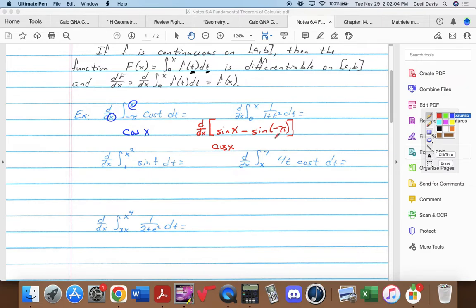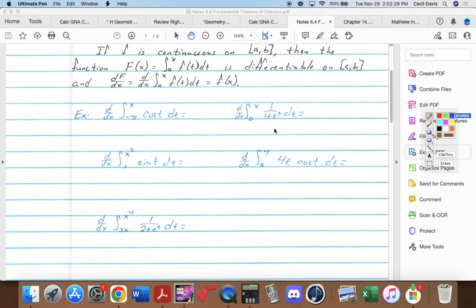It's not a function. When I take the derivative of something that's constant, what do I get? 0. Done. So could you go through this? Yes, you could. Is it worth your time? No, it's not. Okay, use the fundamental theorem part 1, and it's a lot faster.